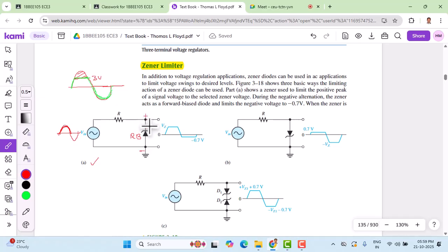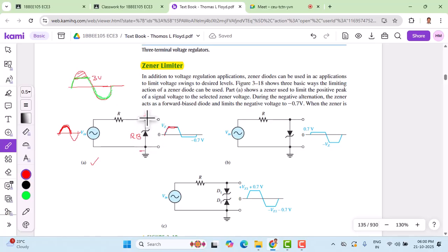Now, how does it function? For the positive half cycle, the Zener diode becomes reverse biased. When the positive half cycle comes, it maintains a voltage Vz across it, from 0 all the way to Vz, because we know that a Zener diode, when reverse biased, provides a constant, stable reference voltage as an output.